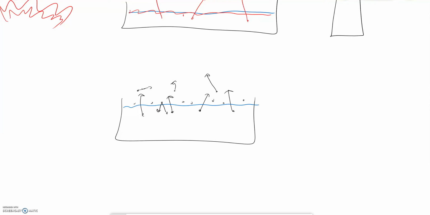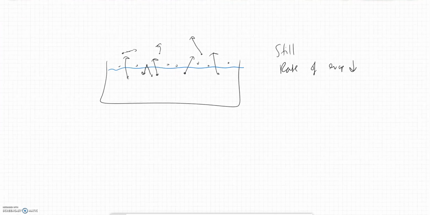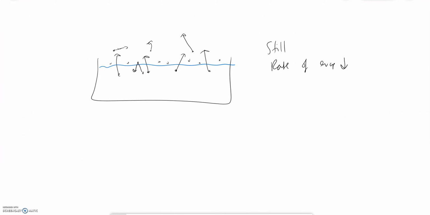So if there's no wind, the rate of evaporation is not as high, so we'll say lower, compared to when there's a wind. Well, why? If there's a wind, the wind's going to come along, here it is, and it's going to remove any molecules already near the surface, there they go, goodbye molecules, clearing the way for more to evaporate.